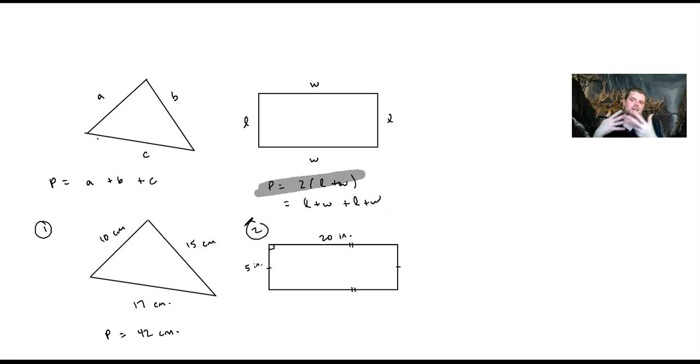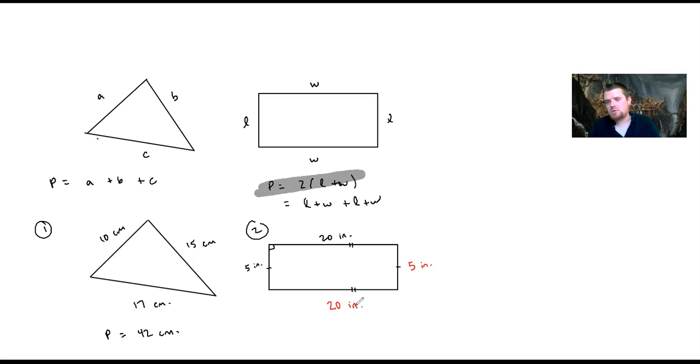Students may come to me and say, how am I supposed to add up all the sides if I don't know all the sides? And that is the catch. You should know by now that a rectangle has opposite sides that are equal. So if the left side is 5, you should automatically know that the right side is 5. If the top side is 20, the bottom side is 20. They're not going to write out those numbers if they've already told you that it's a rectangle, typically.